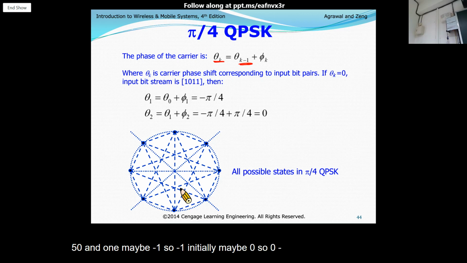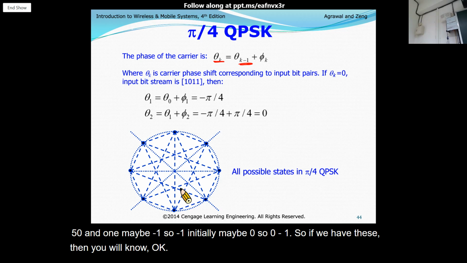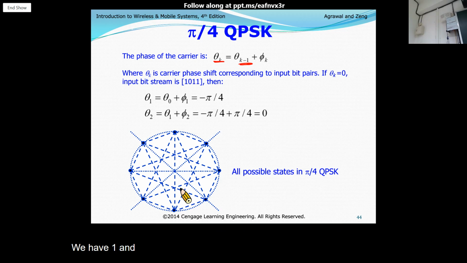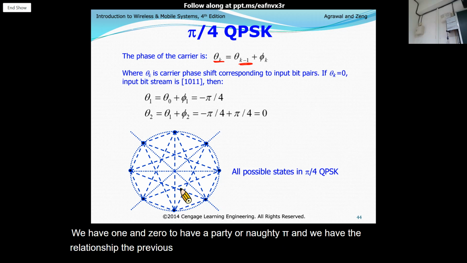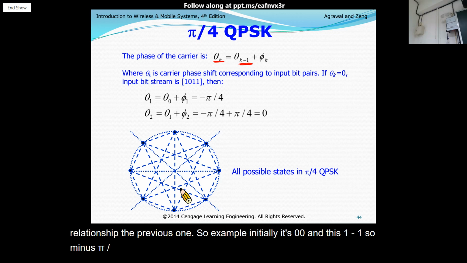So if we have this, then you will know we have 1 and 0 to have a positive or negative pi. And we have the relationship with the previous one. For example, initially it's 0, and this one is minus 1, so minus pi over 4. So 0 minus pi over 4, so it's this value.